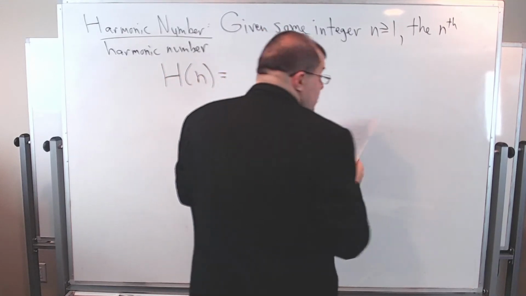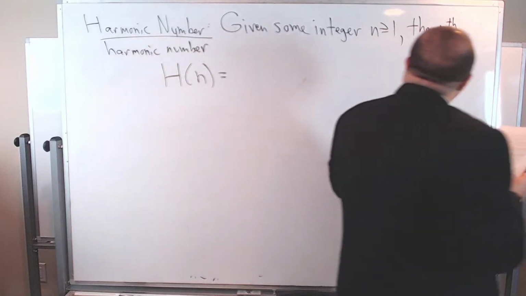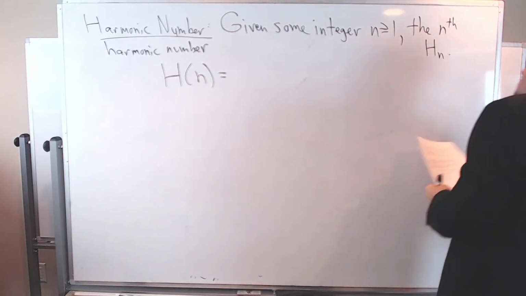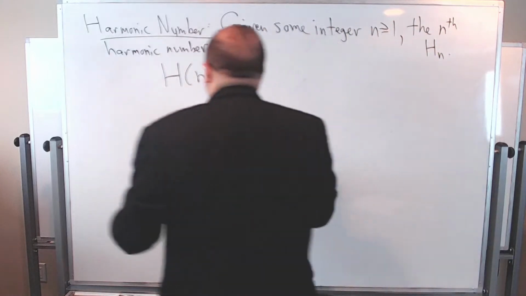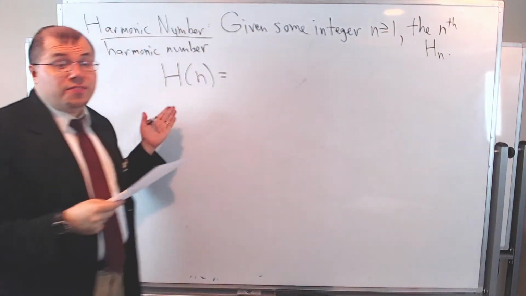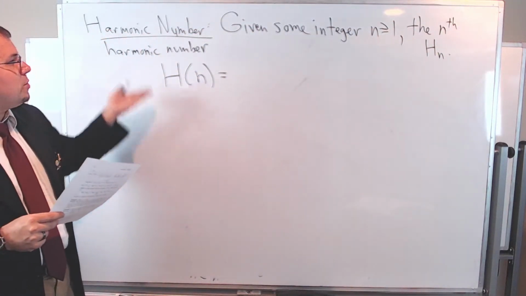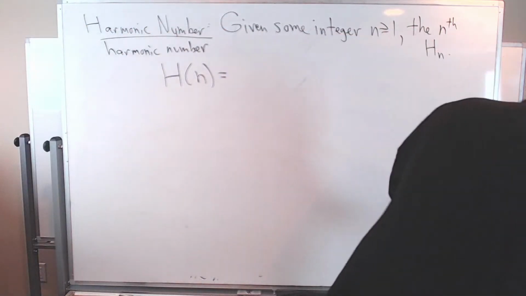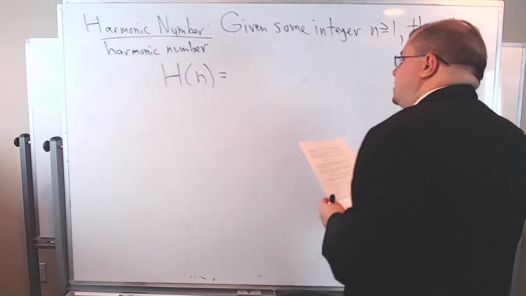I'm going to write it in terms of a function. However, very often when you talk about this mathematically, people will write it like this, Hn, with a subscript n. I'm writing it explicitly as a function to make it easier to see that we're talking about a function, because that's how we're going to look at it. It's a finite series.